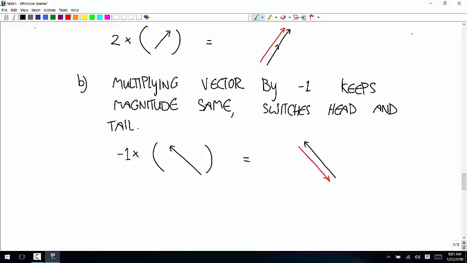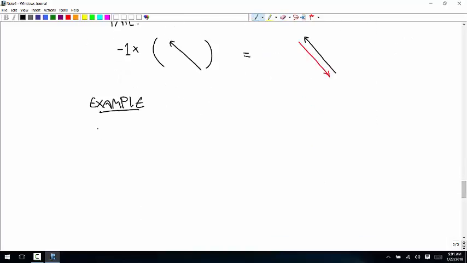And so you can combine these. Let's say we want to multiply -0.5 times the vector like that.